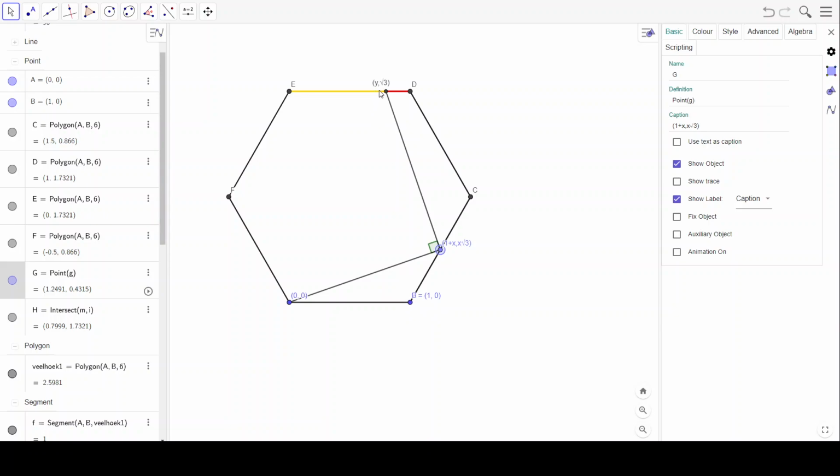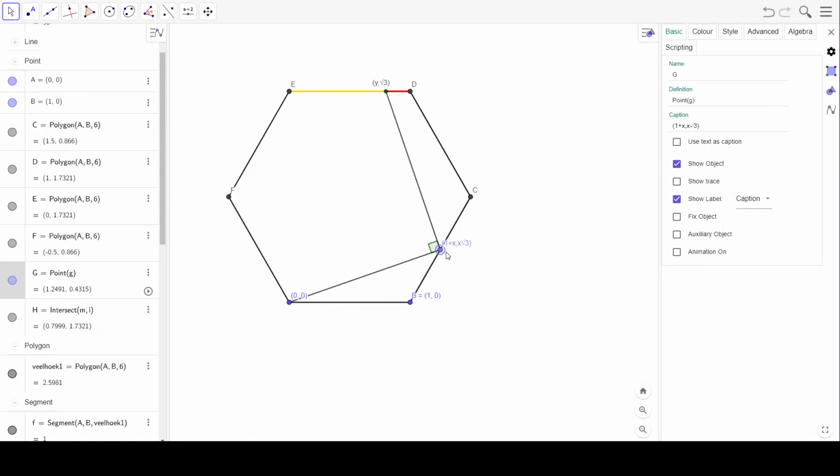And the vertex here at the top, which exactly separates yellow and red, is a variable. This length I call y, and it is known that if the side is 1, the height of a regular hexagon will be square root of 3. So the coordinates are y, square root of 3.